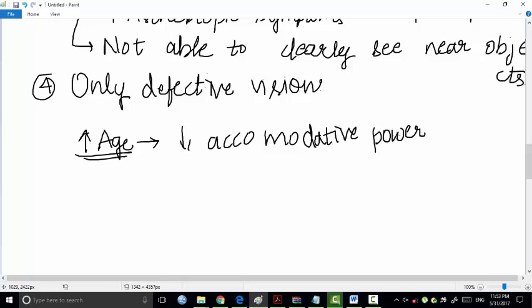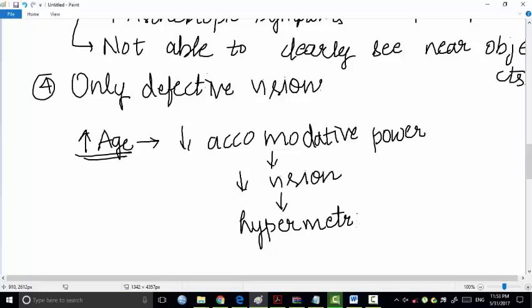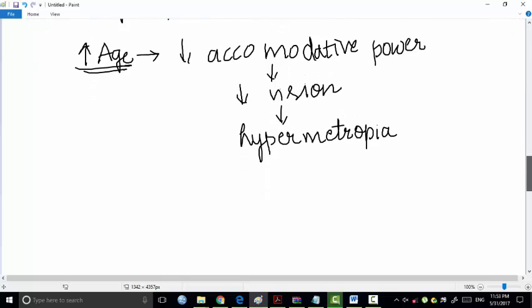Increase in age leads to decreased accommodative power because of decreased activity of ciliary muscles and decreased activity of different parts of our eye, leading to decrease in vision, which leads to hypermetropia, right?